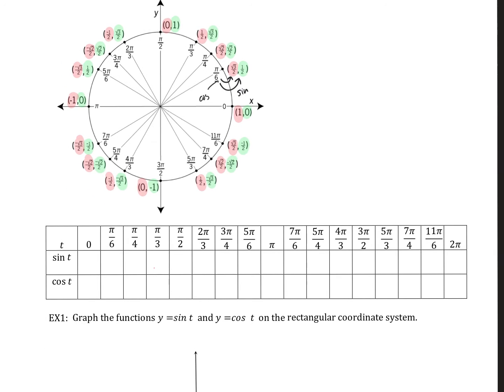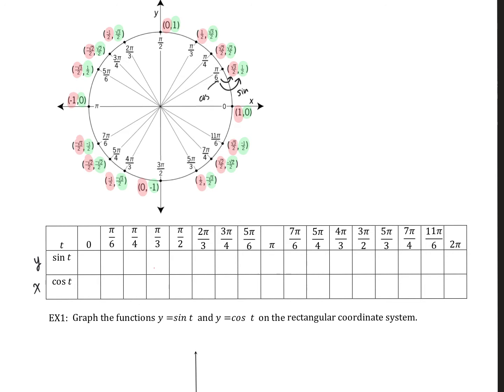So we have all of our different values from the unit circle right over here. We're going to write down the matching sine values, and cosine are the x values.